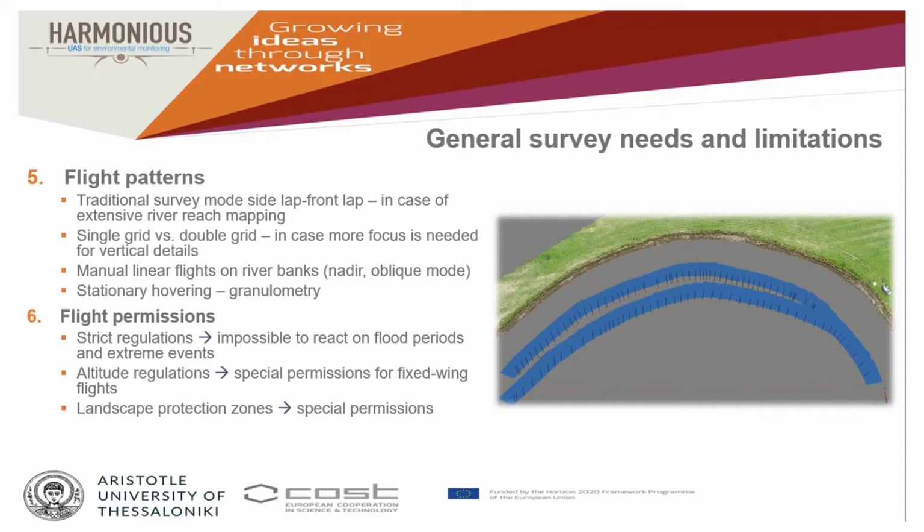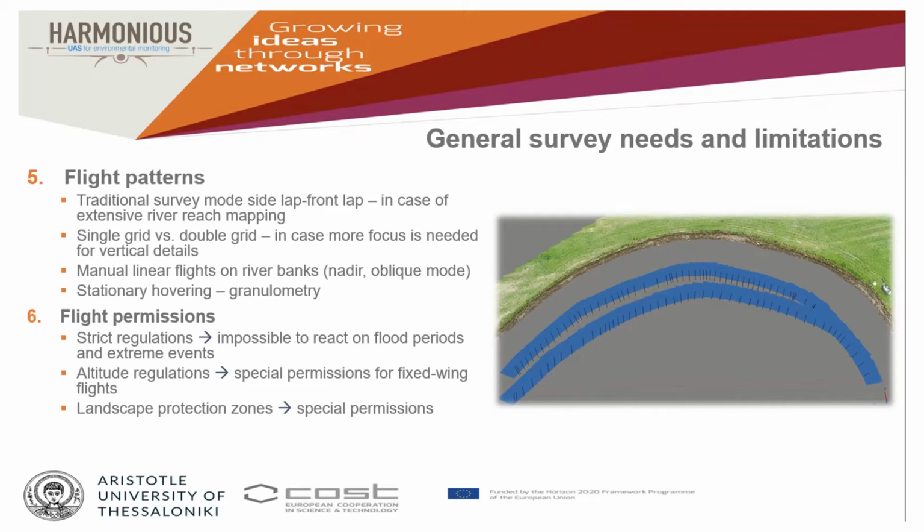They are usually flying at higher altitudes. Now in Hungary, we can fly at 120 meters only maximum. So now the larger scale fixed wing flights are not permitted. So we have to apply for special permission. So if you plan these kind of things, you have to really be up to date with the local regulations.